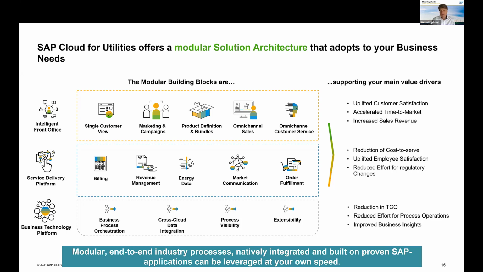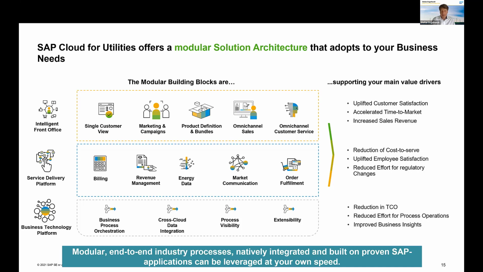But that allows our customers to decide which parts of this modular architecture they intend to use. Our attempt is, of course, to offer an end-to-end solution, but parts of this end-to-end process can also be provided by third-party applications, because the integration and the interfaces we are building as part of this development are very open and are published to everybody.